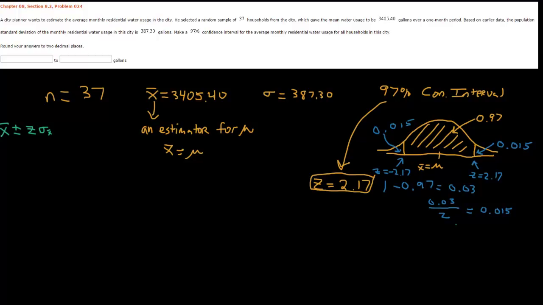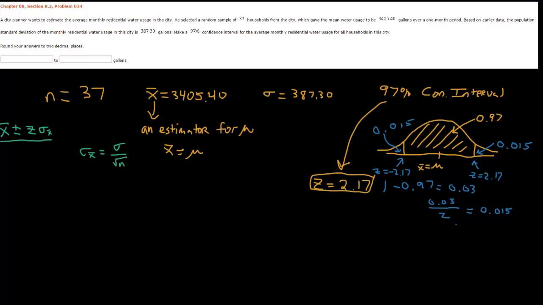It's the standard error. Remember, and if you don't remember what the standard error is, not z sub x bar, sigma sub x bar. That is sigma over the square root of n. Okay? So we need to use this right here to construct our confidence interval around our estimate for mu.